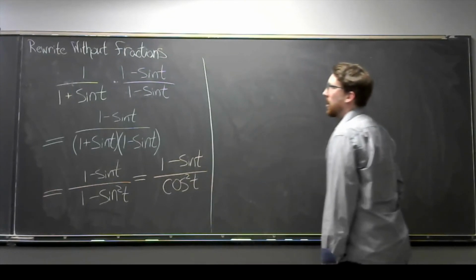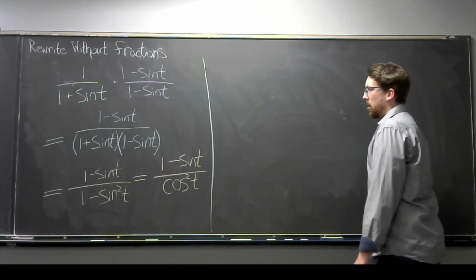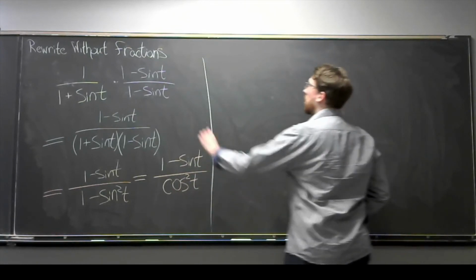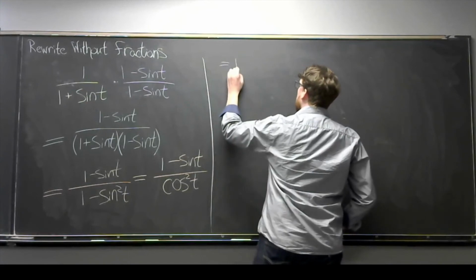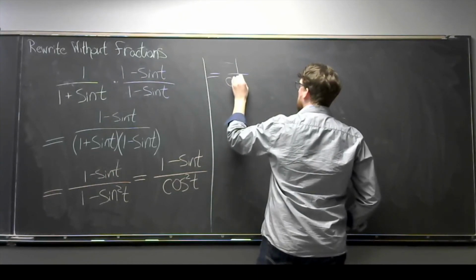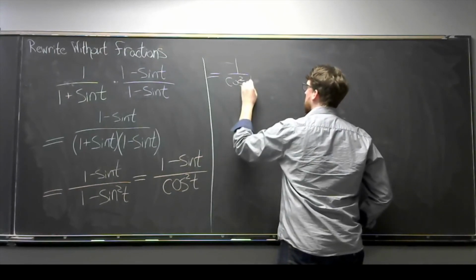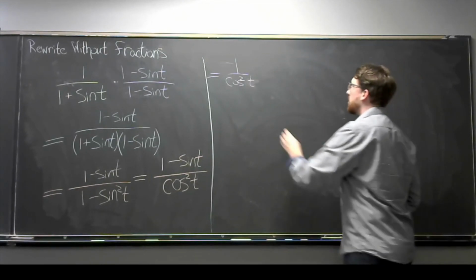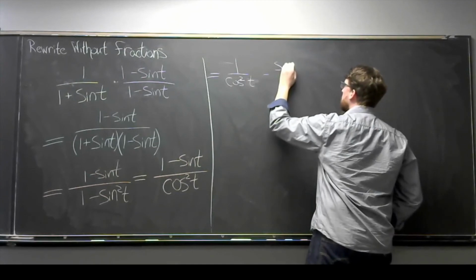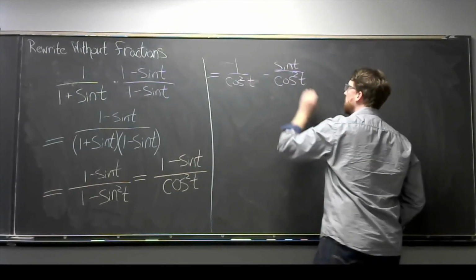We still need to get this so there aren't any fractions left over. So the next thing we're going to want to do is break our fraction up. If we do that, we're going to end up with 1 over cosine squared of t minus sine of t over cosine squared of t.